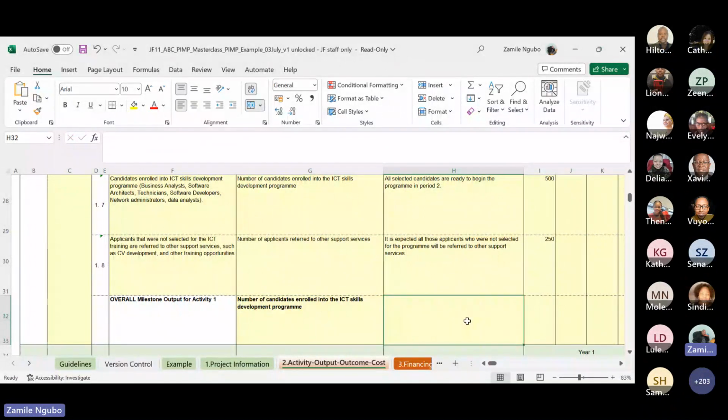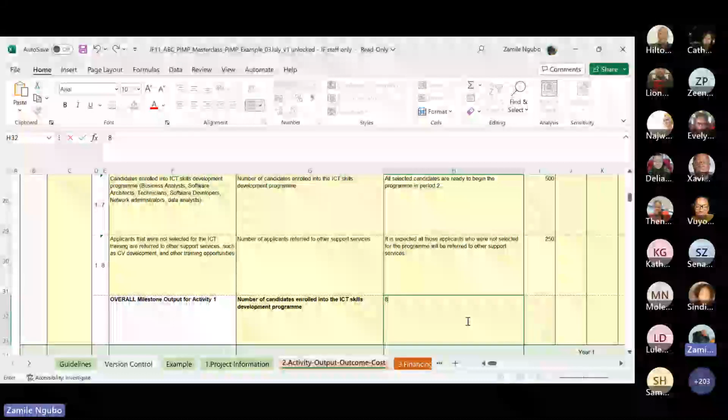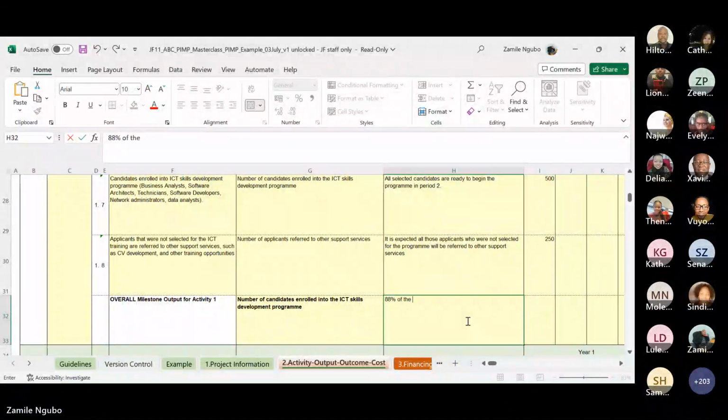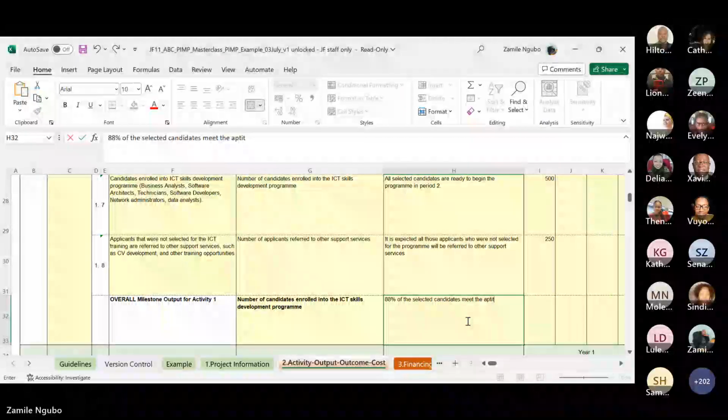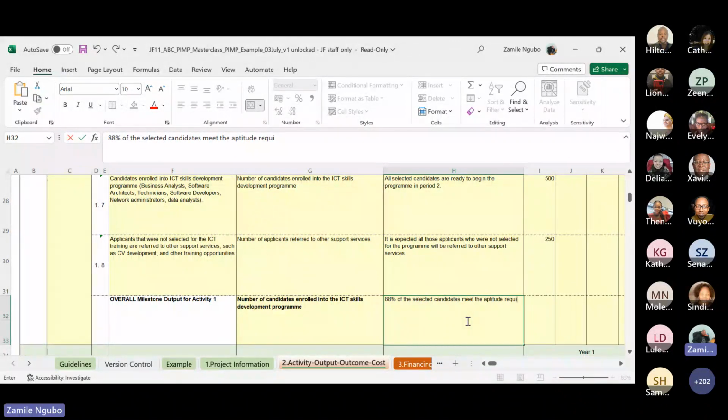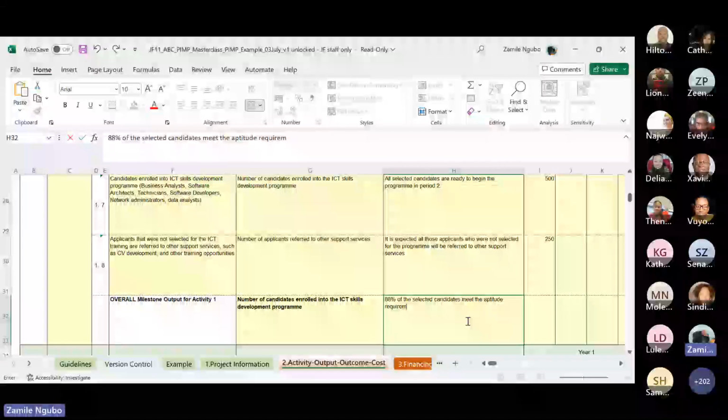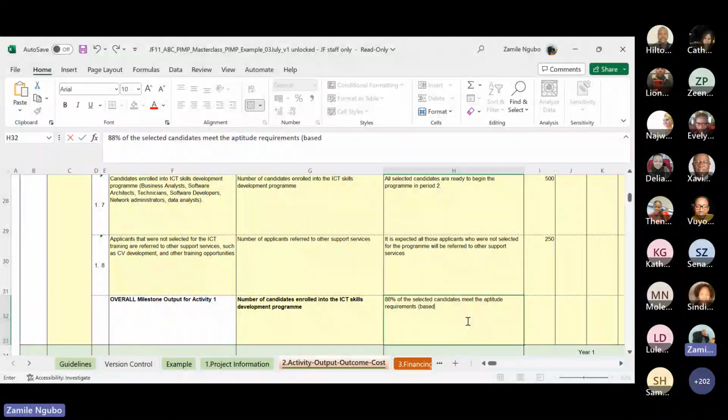So the assumption there was that 88% of the selected candidates meet the aptitude requirements. So this is based on previous experience, based on previous plans.